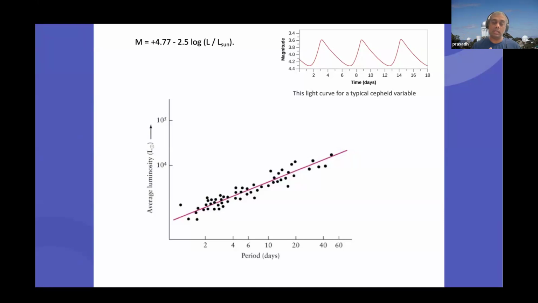And when she made the observations for the periods and the luminosity of this large number of stars and plotted it, this is what she got, right? It seems that when the period of a particular Cepheid variable star increases, the average luminosity, or the intrinsic brightness, or the absolute magnitude also increases.